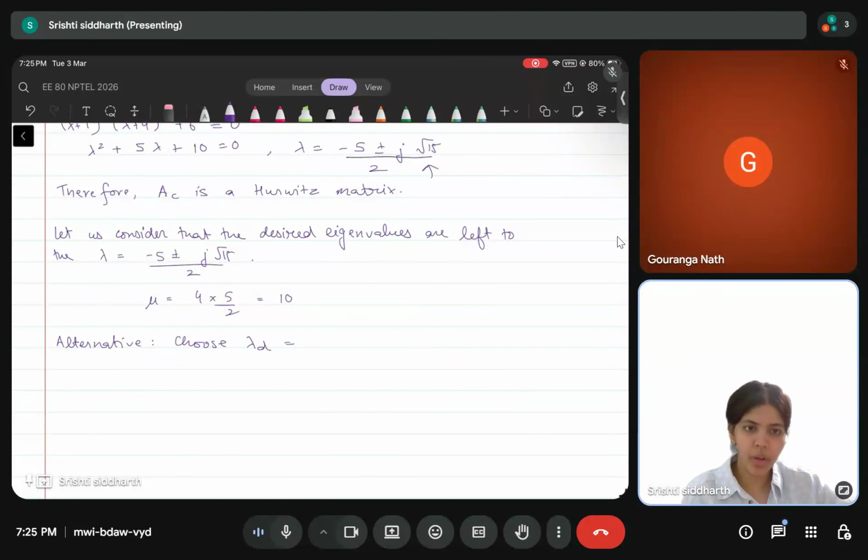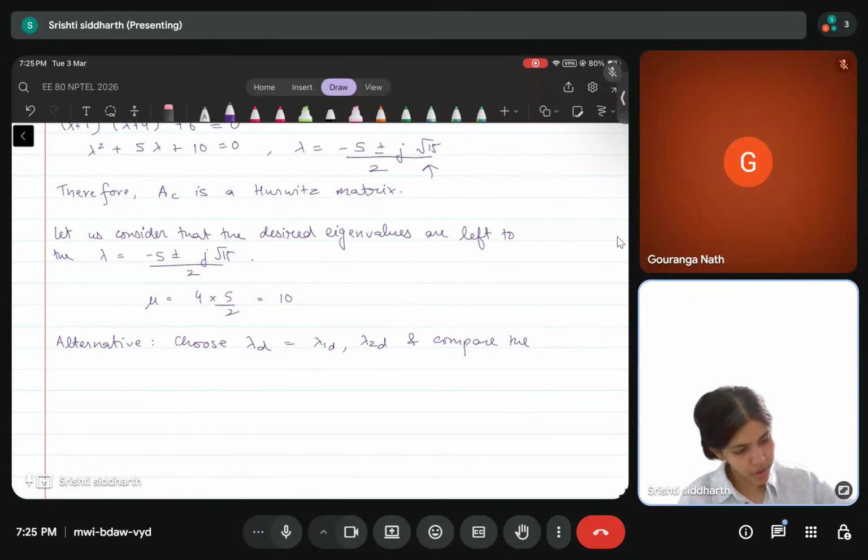You can choose only two eigenvalues, lambda 1d and lambda 2d. Equation: lambda square plus 5 lambda plus 10. So you can do that.